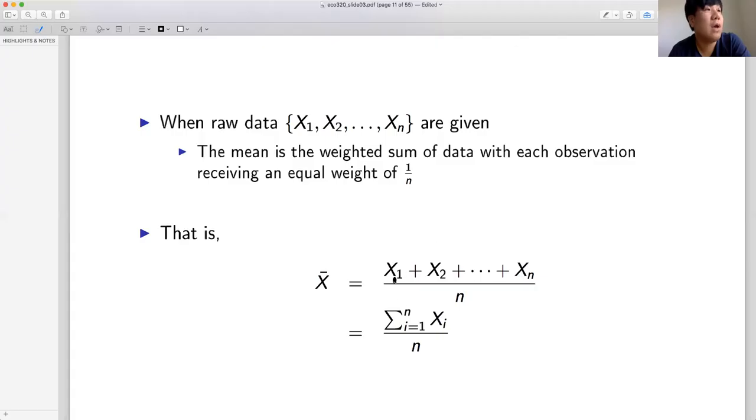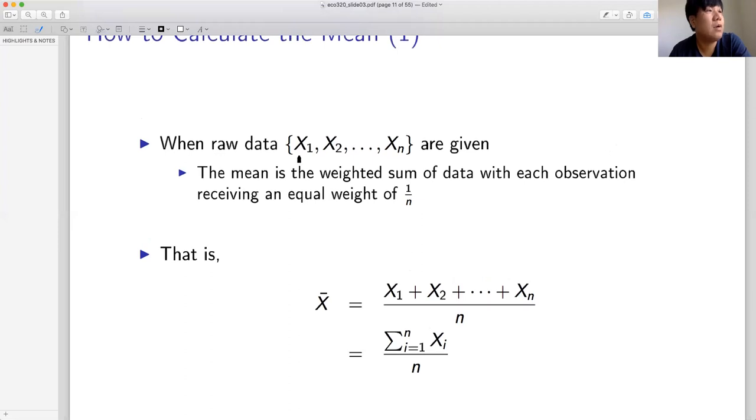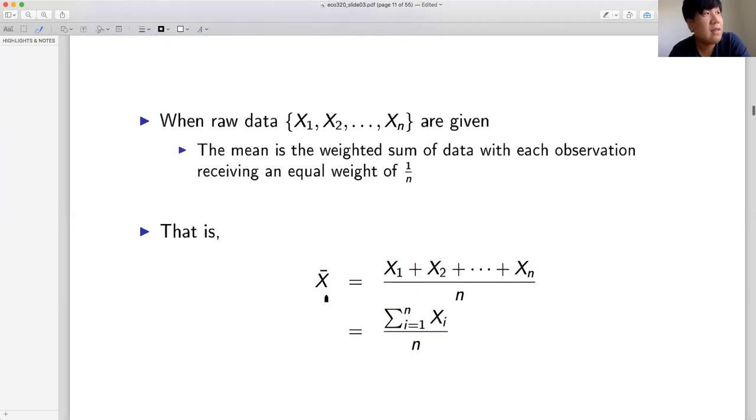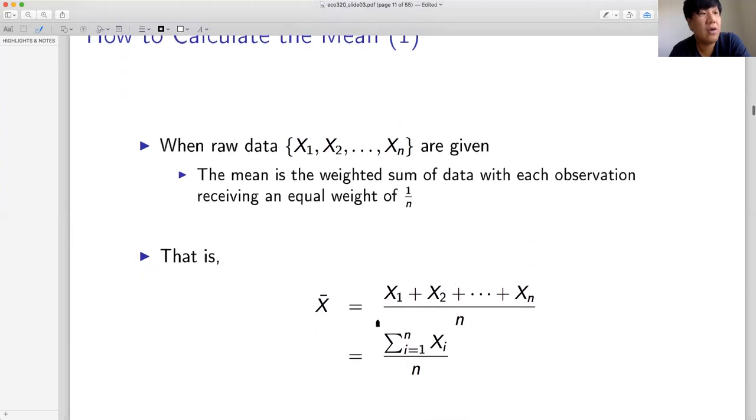For example, you have the numbers 1, 2, 3, 4, 5, so five observations. How do you calculate that? You first add them up: 1 plus 2 plus 3 plus 4 plus 5, divided by 5. That is how you calculate the average.